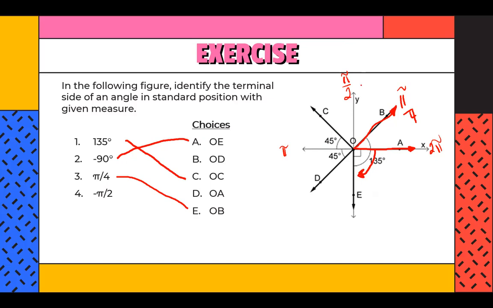Next, pi over 2's equivalence in degree measure is 90 degrees. Therefore, pi over 2 is also a quadrantal angle. Therefore, diri siya sa dalumgaling ma-start. So, ayun. We'll have this one. This side is our negative pi over 2. And that is letter A, side OE.